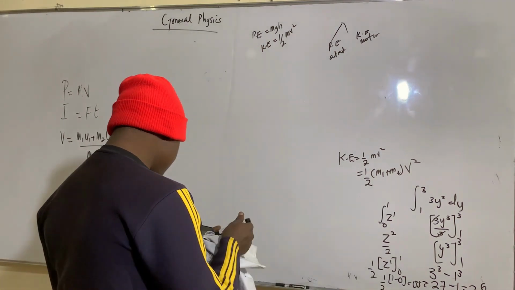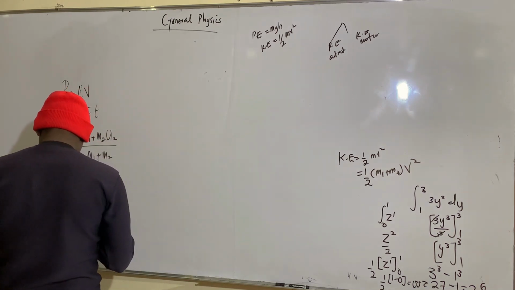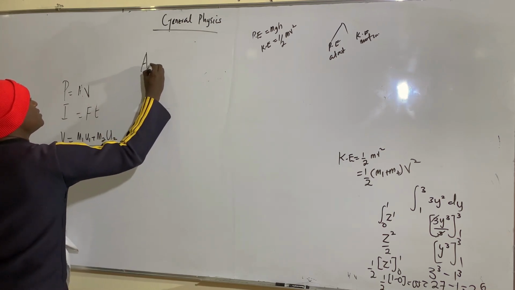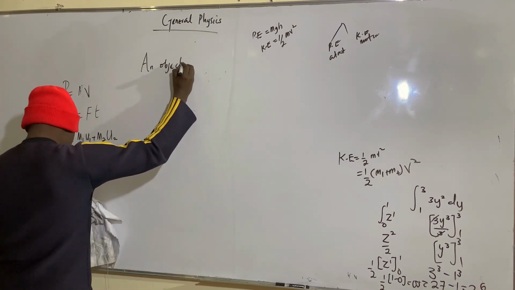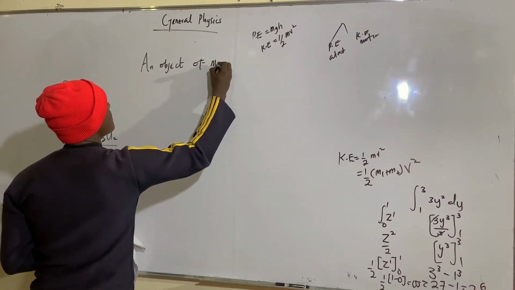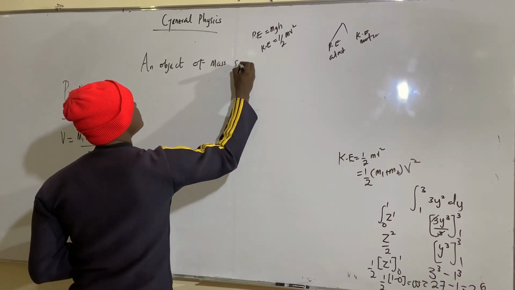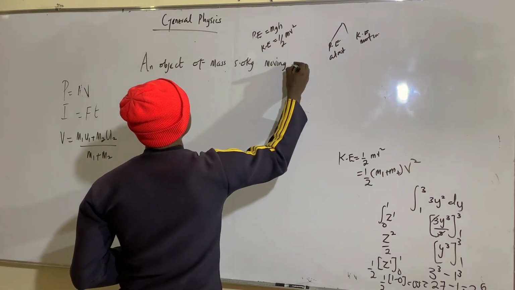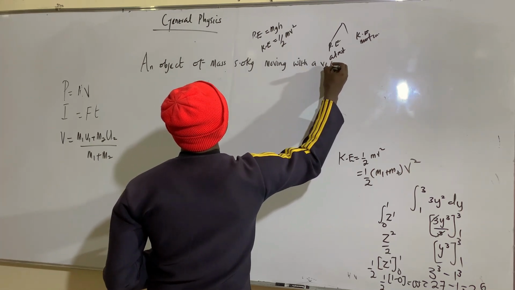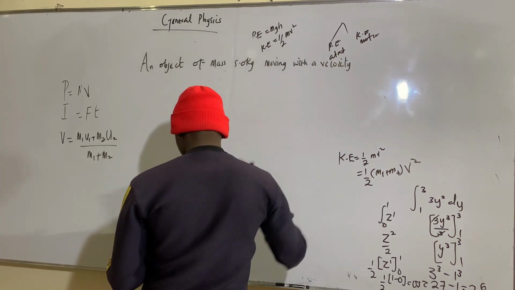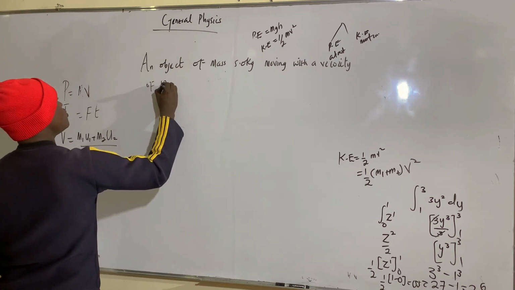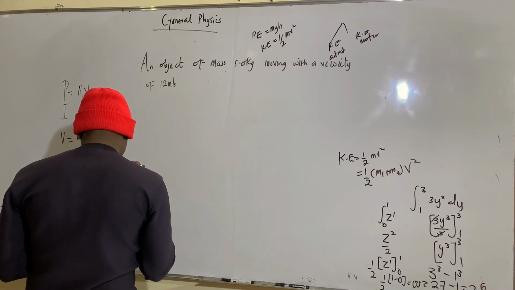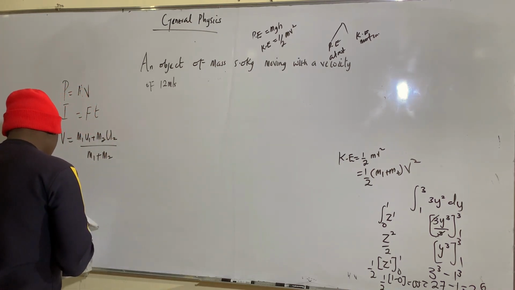In this case, they said an object of mass 5.0 kilogram moving with a velocity of 12 meter per second due north.